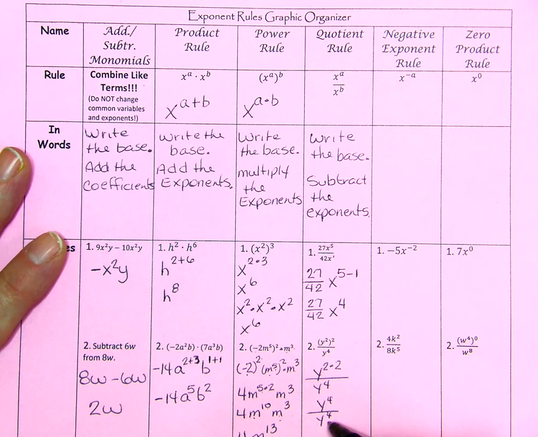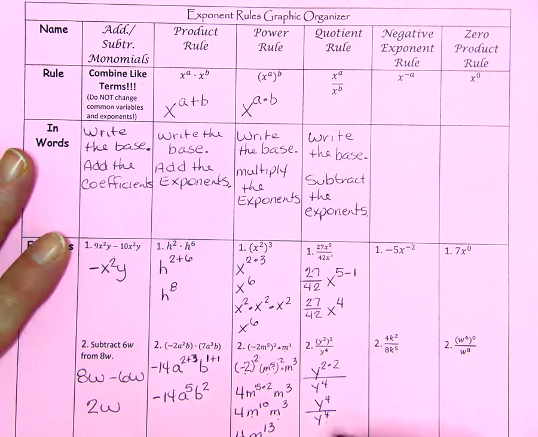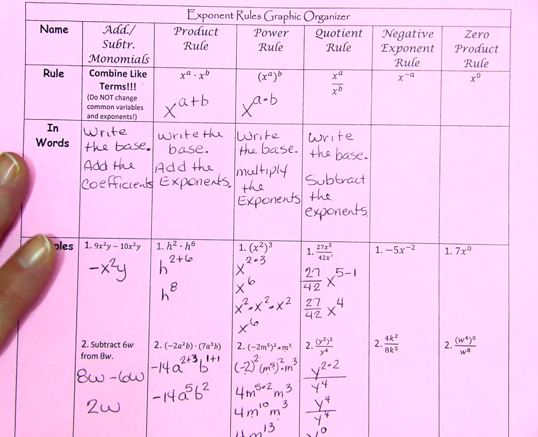Now we apply the quotient rule. 4 of these are going to cancel with 4 of these, or this is the same thing, numerator and denominator, so that's going to simplify to be 1. So what we end up with is y to the 0, and that we will find out in a few minutes is always 1.